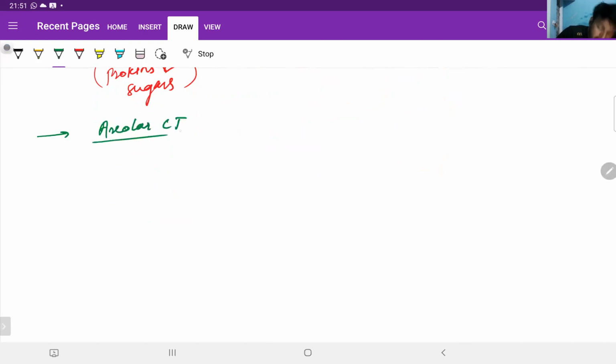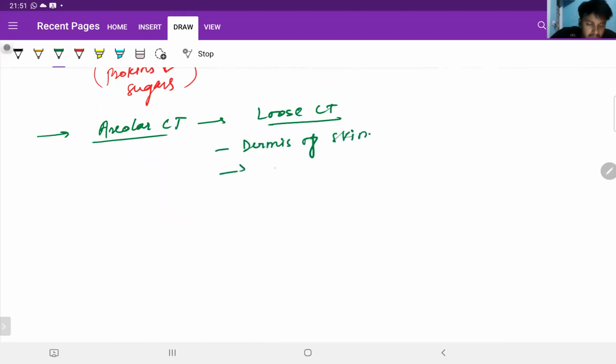That is areolar connective tissue. Areolar connective tissue is a type of loose connective tissue, right? What else? It is present in the dermis of skin. Where else is it present?